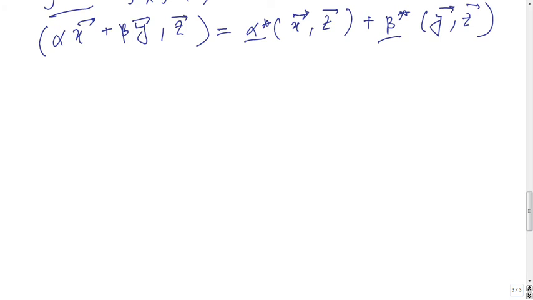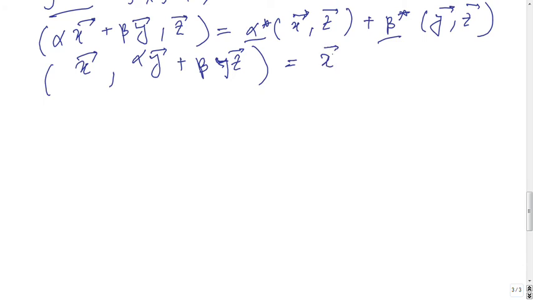So they are sometimes called antilinear in the first argument, and they are linear in the second argument. That is, if we have a vector x and some linear combination of vectors in the second argument, it is the same as alpha times the inner product between x and y, plus beta times the inner product between x and z.